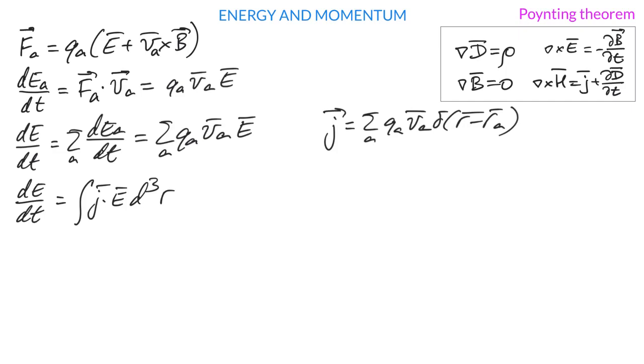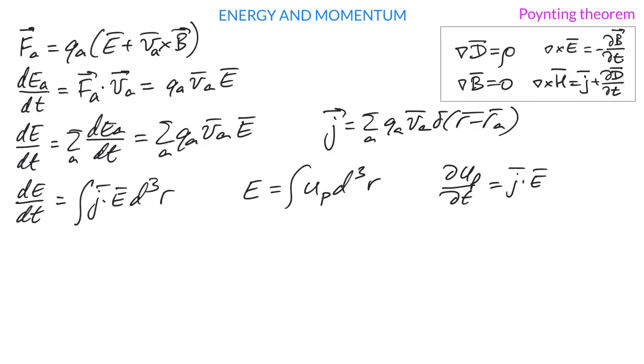It looks like the Joule heat if we consider a conductor where the current is induced by the electric field. If we introduce the energy density for the particles as E given by the volume integral of some u sub P, where P stands for the particles, so u sub P is the energy density of the particles, then we find that du_P by dt, the rate of change of particle energy density, is simply J dot E.